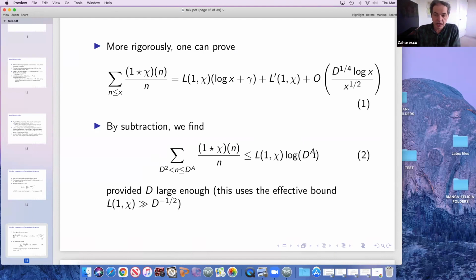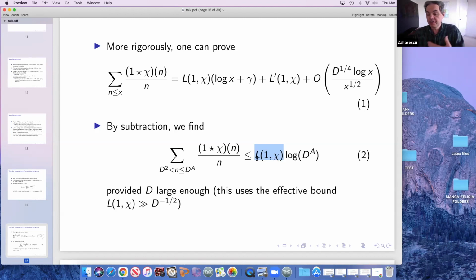Now, in a couple of results that I'll mention a bit later, we will work with values of the size of d to the 300 or something like that. In a range like this, log of d to the 300 is just 300 log d. So if our bound is less than 1 over log squared, this is small.